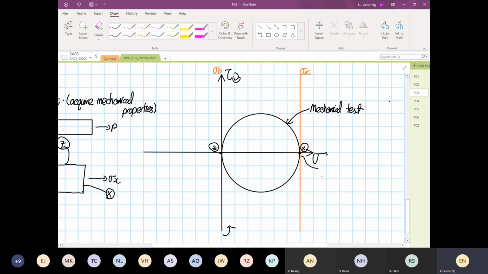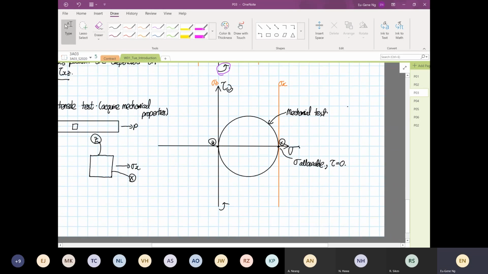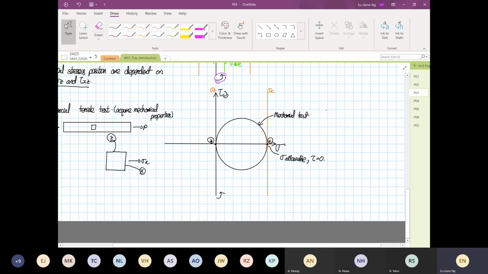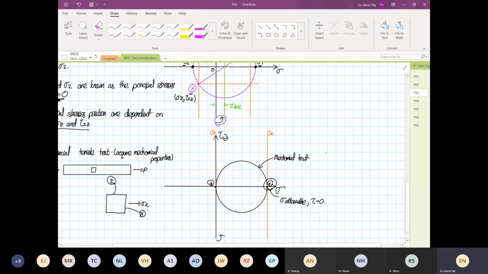So I'm going to call this our stress allowable. And this stress allowable that you can see over here also defines that the shear is equal to what? 0. So now I'm going to impose this value into what we have found earlier.